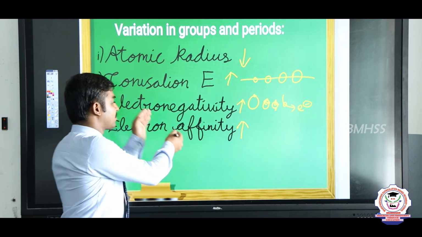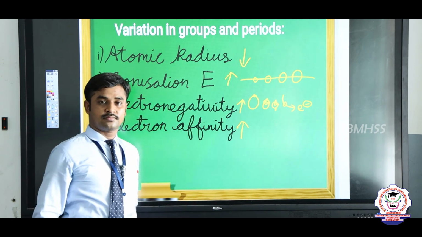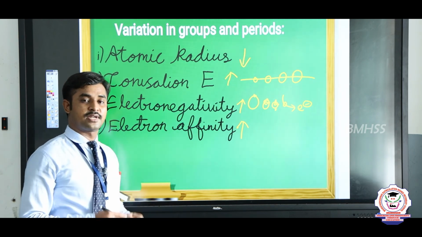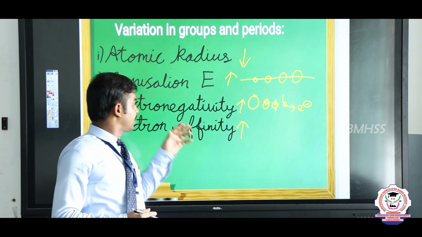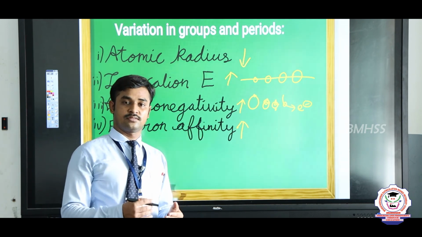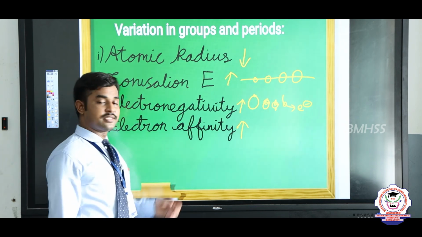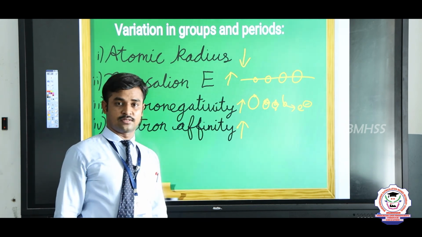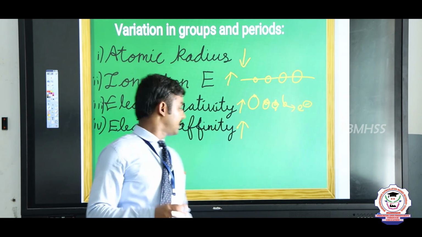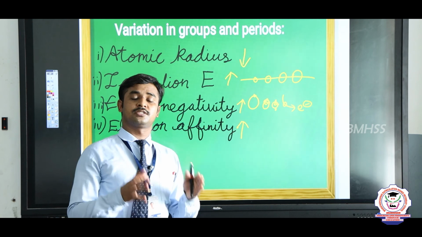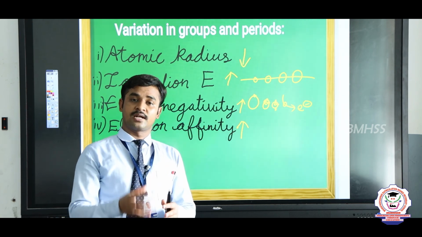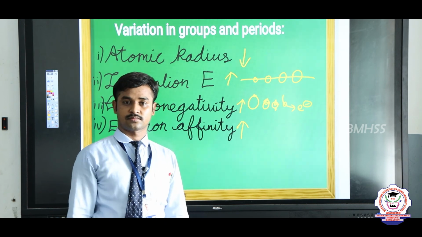What is the difference between electronegativity and electron affinity? Electronegativity is attracting the shared pair of electrons, and electron affinity is the attraction of an electron to get a negative ion. Electron affinity is the reason for forming a negative ion by attracting electrons.